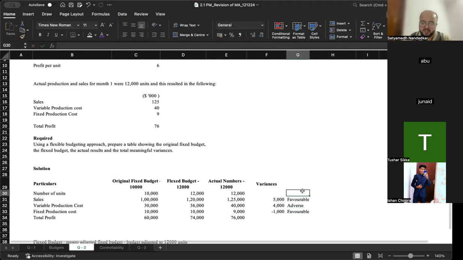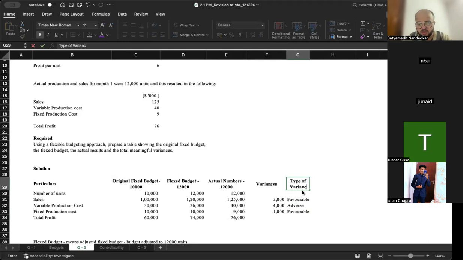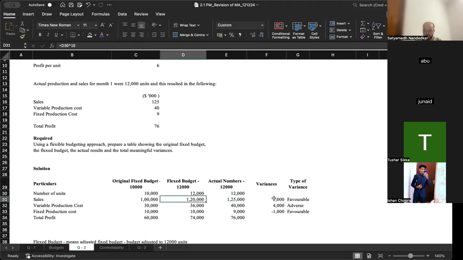Now, please keep one thing in mind, that the classification of variance into favorable or adverse does not depend upon the plus or minus sign. So never make the mistake of associating plus or minus with favorable and adverse. You will have to evaluate on a case to case basis. See here, you compared 125 with 120, 5,000 positive.